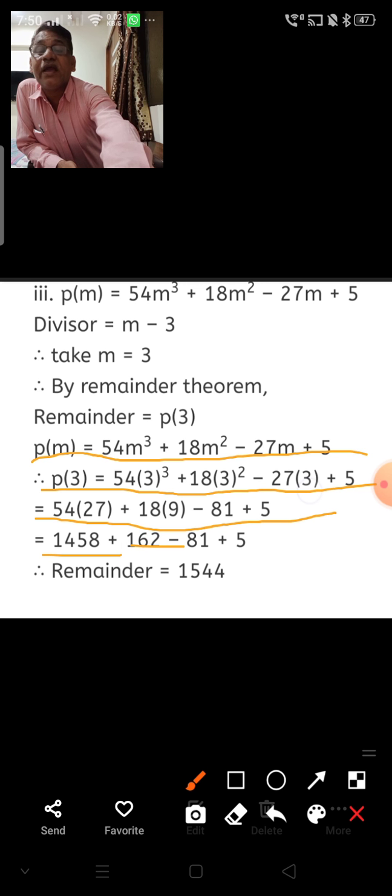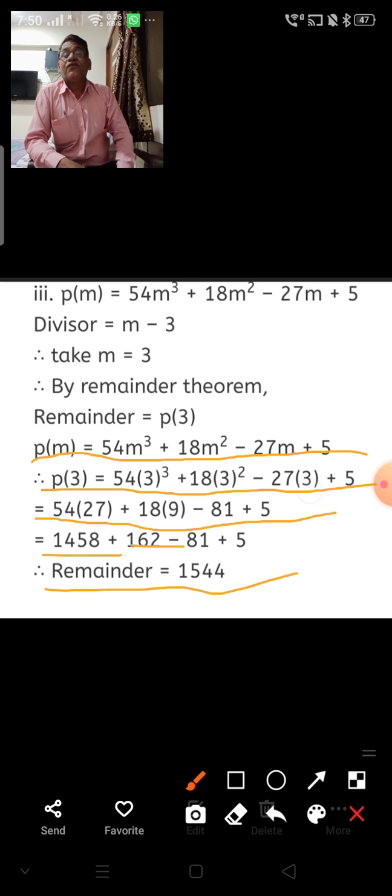When we calculate this, you get the remainder 1544. In this way you can find the remainder of a given polynomial by using the remainder theorem.